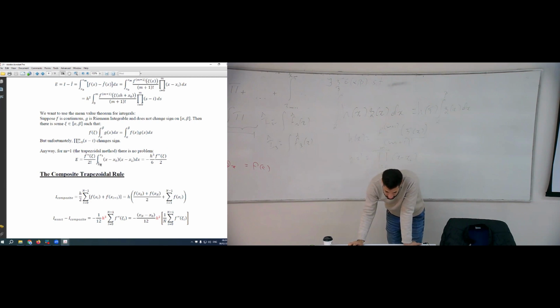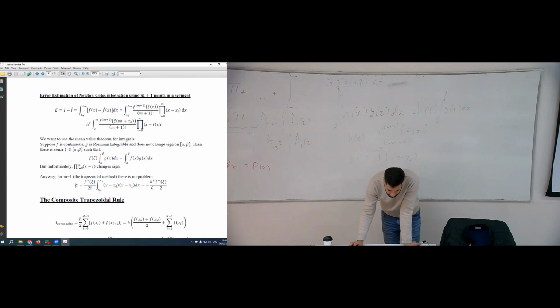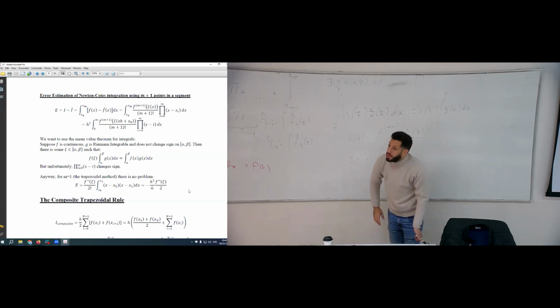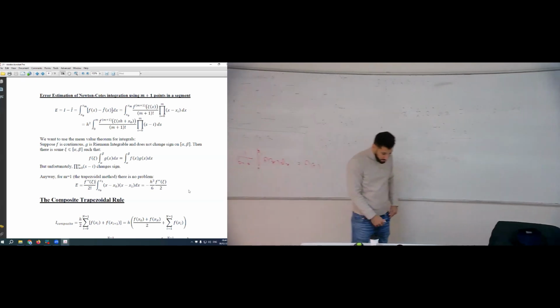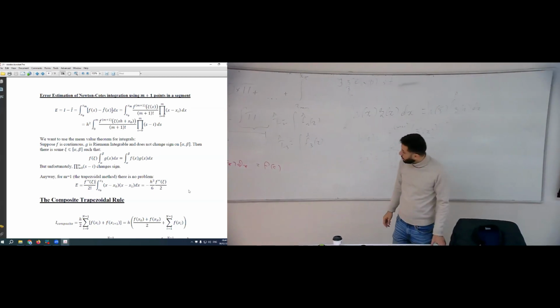So the integration is from x0. Anyway, for m equals 1, we can calculate this and say that for some psi, this is true. Okay, so this is the minus h cubed over 12 multiplied by the second derivative.